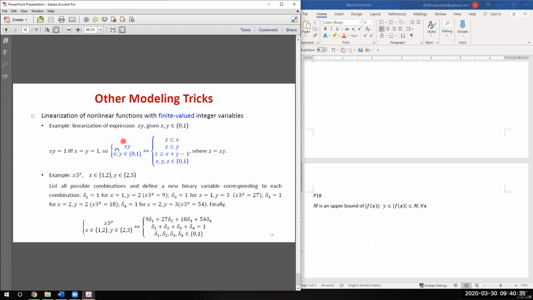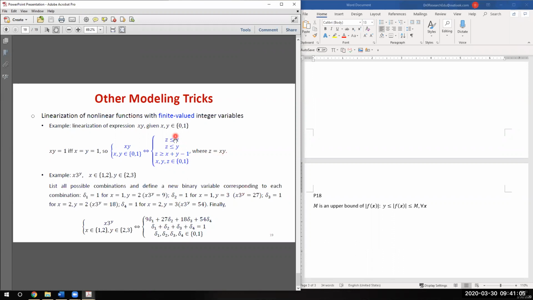So the constraint that z = xy, with x, y in {0, 1}, is equivalent to this: z is less than or equal to x, and z is less than or equal to y, and z is greater than or equal to x plus y minus 1, where x, y, z are in {0, 1}, which means all of them are binary. So here z indicates the product of x and y.